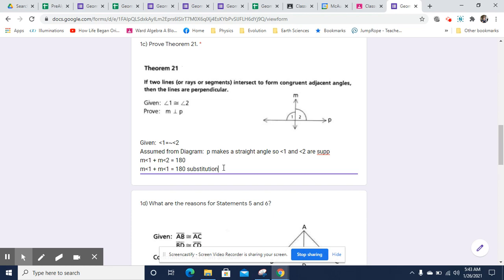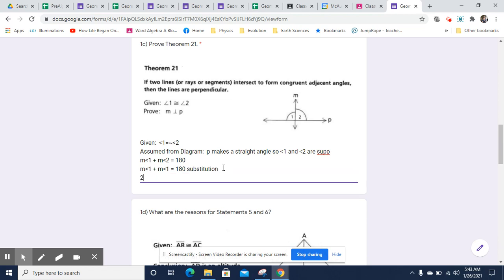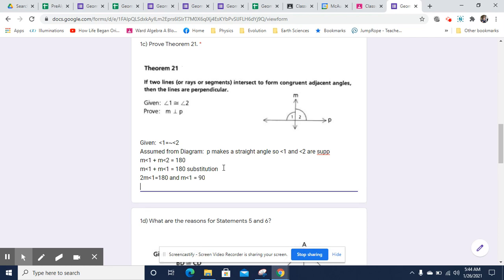And then that means that 2 times measure of angle 1 equals 180, and measure of angle 1 equals 90. Okay, and so measure of angle 1 and measure of angle 2 are both 90 degrees by algebra.